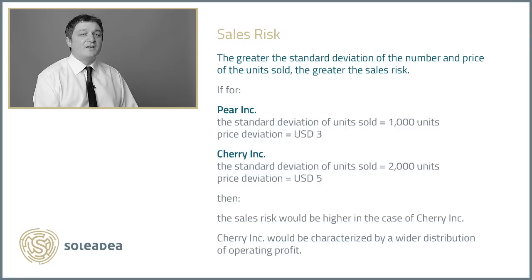If, for instance, the standard deviation of units sold by Pear Incorporated amounted to 1,000 units and the price deviation equaled $3, and if in the case of Cherry Incorporated it was 2,000 units and $5 respectively, the sales risk would be much higher in the case of Cherry Incorporated. We would say then that Cherry Incorporated is characterized by a wider distribution of operating profit.